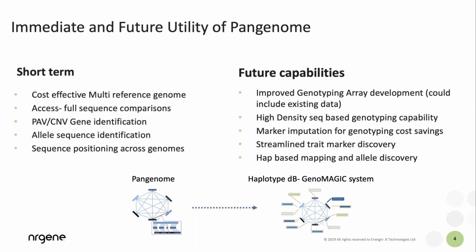Once the haplotype and pangenome data is available, then genotyping using high-density sequencing becomes a very affordable way to detect markers in a molecular breeding program.